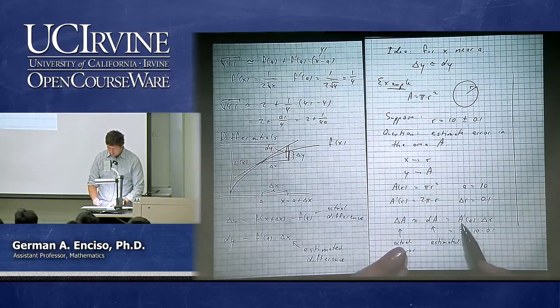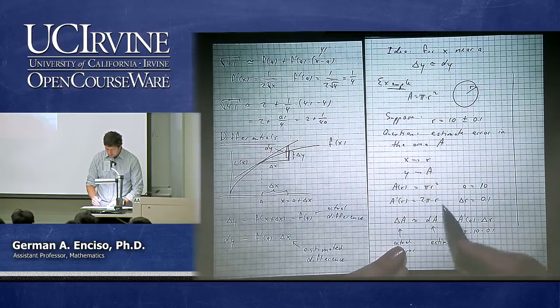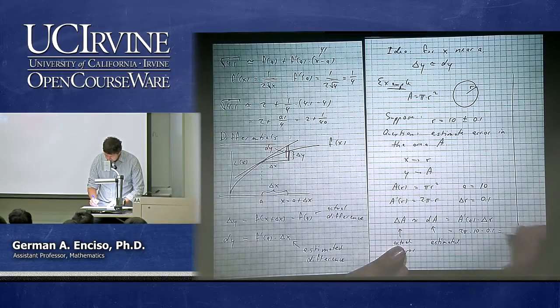Right, because A prime of r is 2 pi times r, so A prime of a is 2 pi times 10. When you multiply by delta r, 0.1, that is equal to 2 pi.